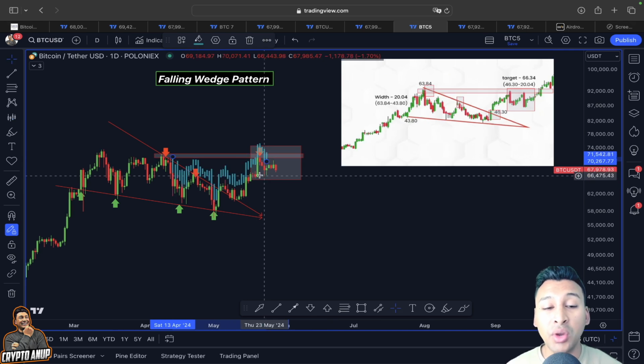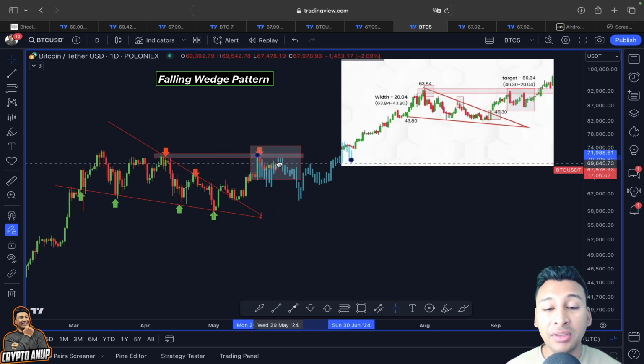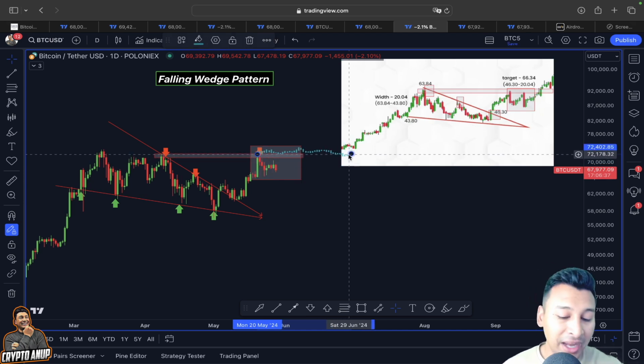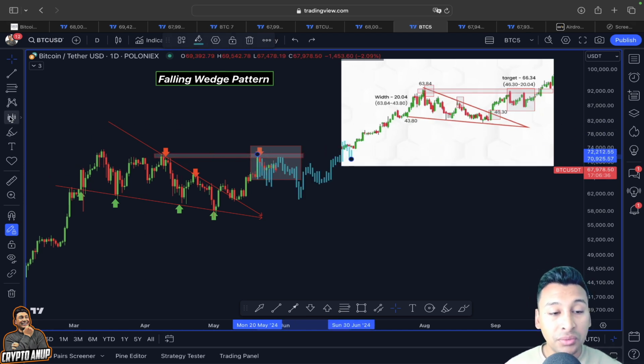I mean, price showing more sideways movement like this, right? Even a few shakeouts, but at the end, it is expected to continue like this.